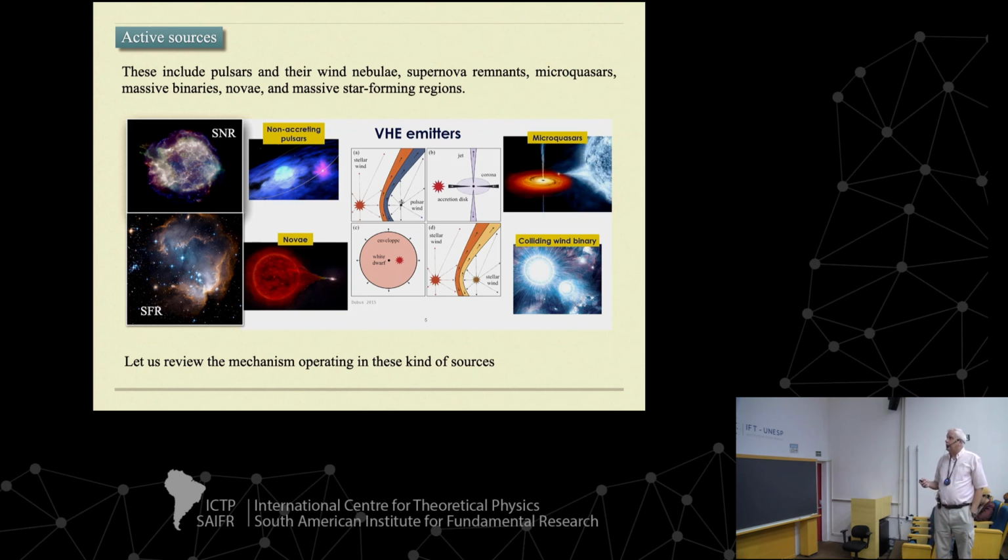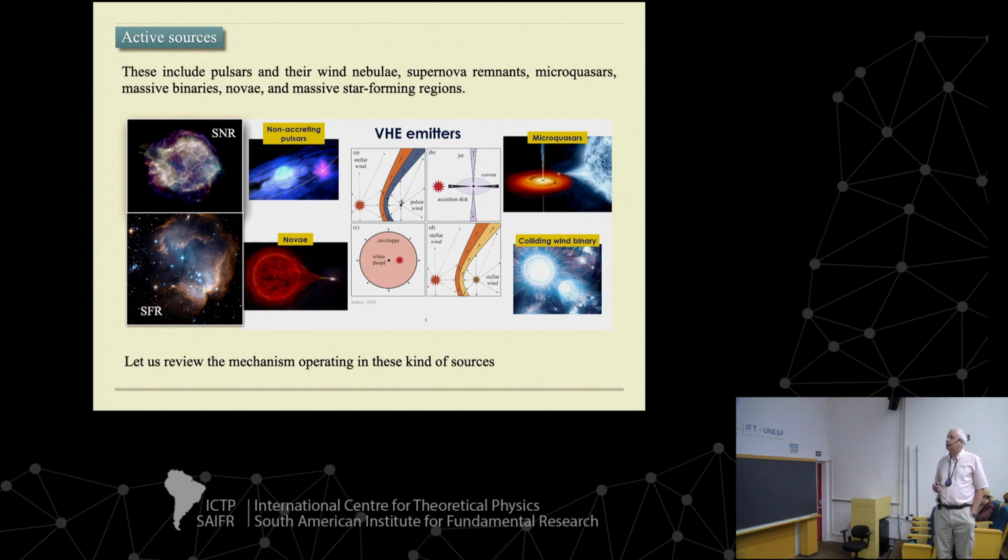Then we have systems with colliding winds. For instance, systems formed by a pulsar with a wind and a massive star that also has a wind. Or we could have two massive stars, each one with a very powerful wind, and these winds collide, form a strong shock, and particles are accelerated in this shock.